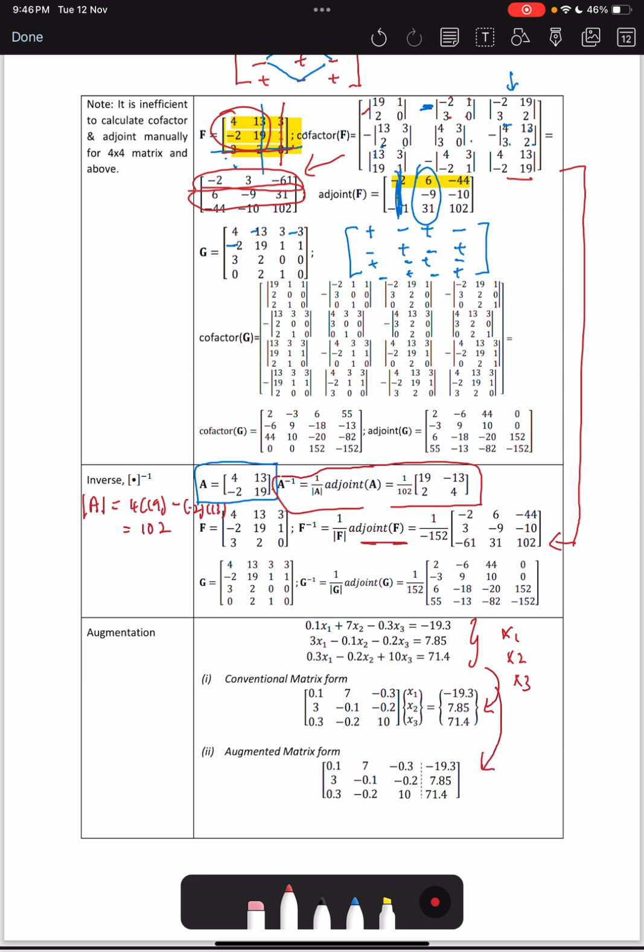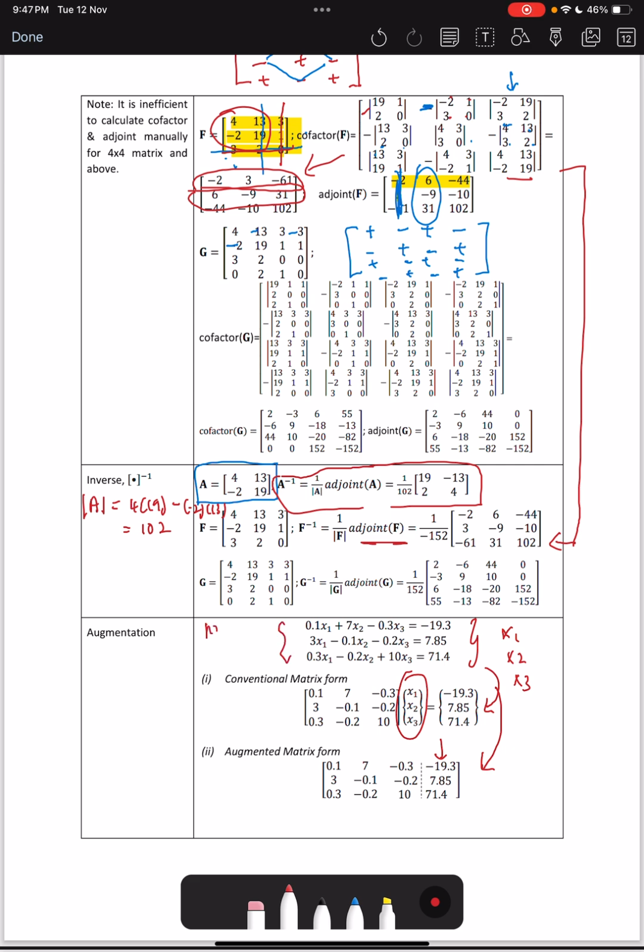Same thing actually, it's just that instead of putting it in this way, you can put the dash line here indicating that this is the augmented matrix. There's one matrix missing there, which is the values of x1, x2, and x3 that need to be determined in order for the equation to be equivalent to this column. So this is the conventional matrix form, and also this is the augmented matrix form.